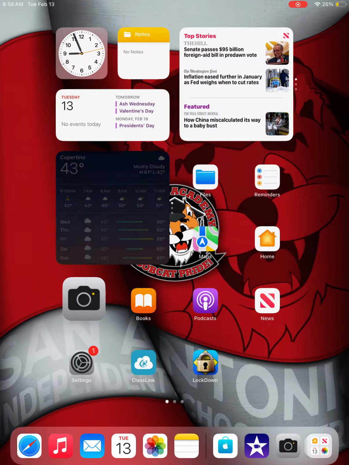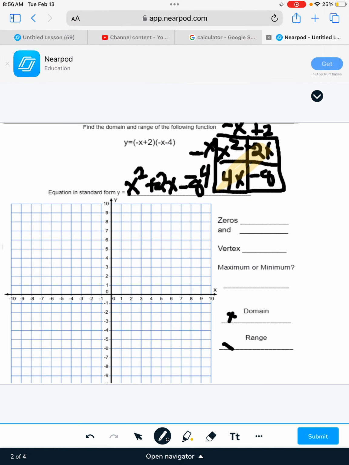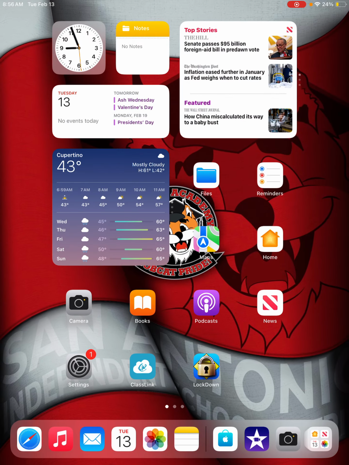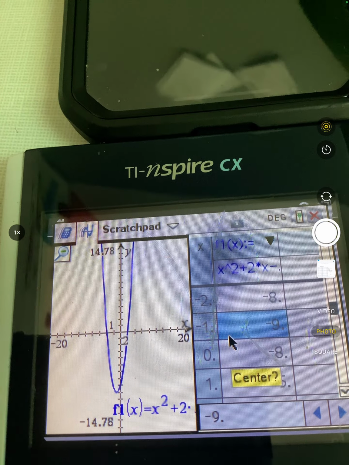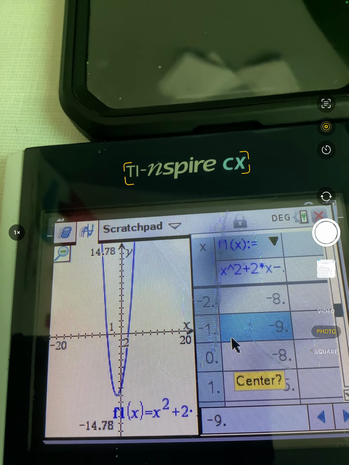So I'm going to jump across to my worksheet, and I'm going to look for where my vertex part is, and I'm going to say that at point -1, -9, that's my vertex. The zeros that I'm looking at here are again going to be where it crosses the x-axis.